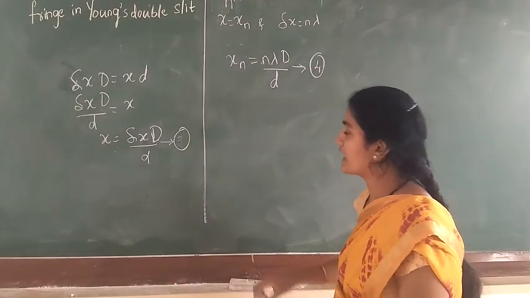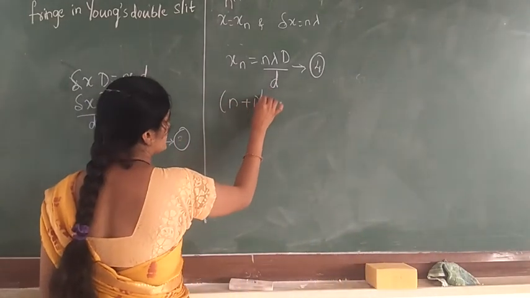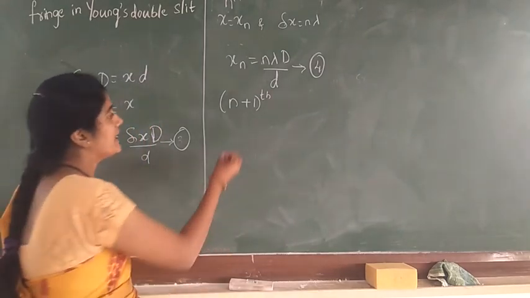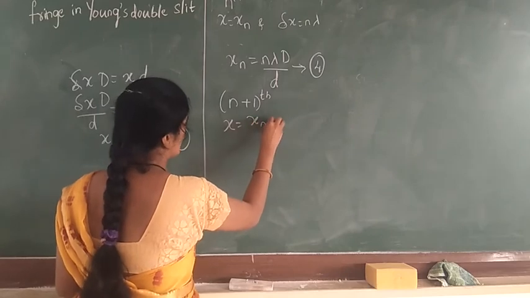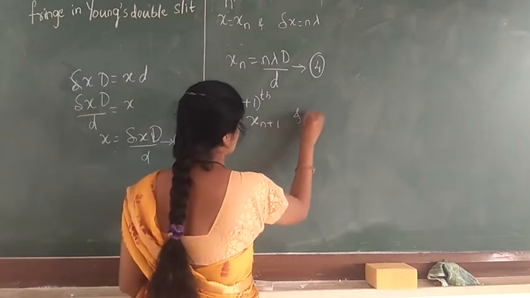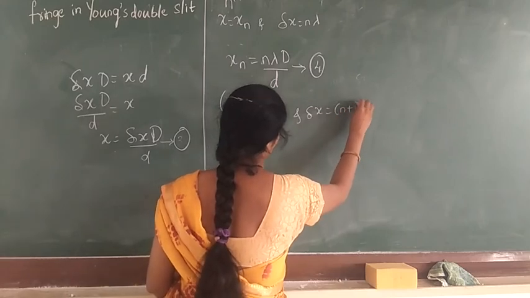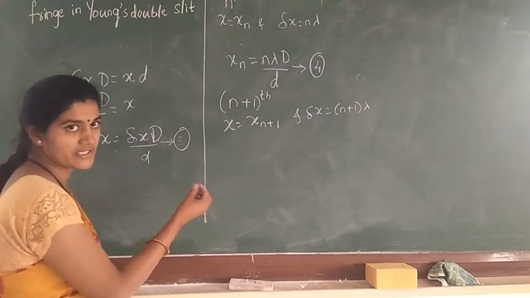Now, in the same way, we are considering the n plus 1 bright fringe. In this case, x is equal to xn plus 1 and delta x is equal to n plus 1 into lambda. Put these in equation 3.